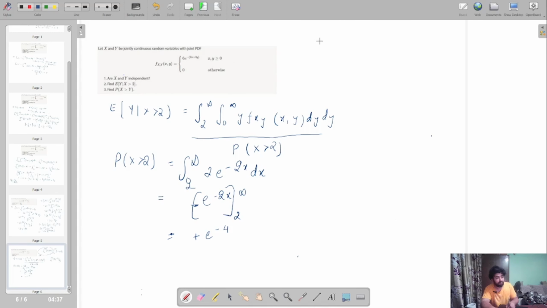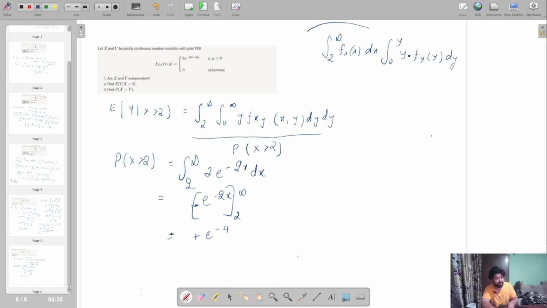Now that we know the probability of x greater than 2 is e^(-4), we have to work on the numerator. If I write that down, it's the integral from 2 to infinity of f_X(x) dx, and then we also have the integral from 0 to infinity of y times f_Y(y) dy.